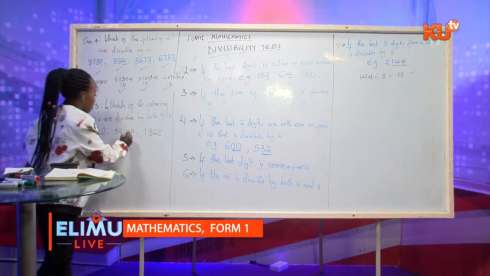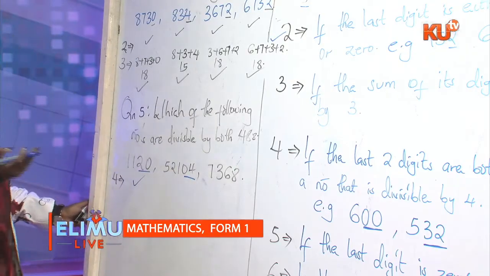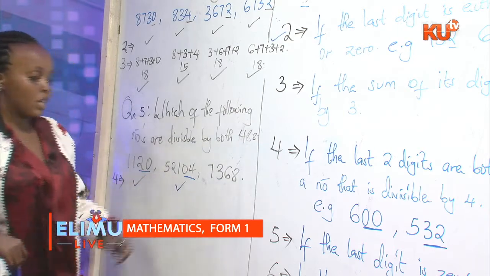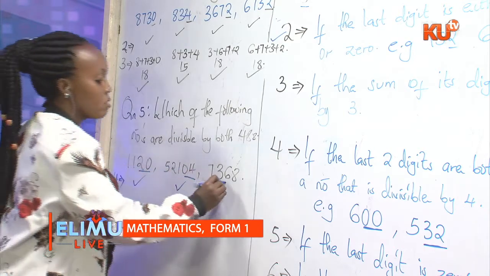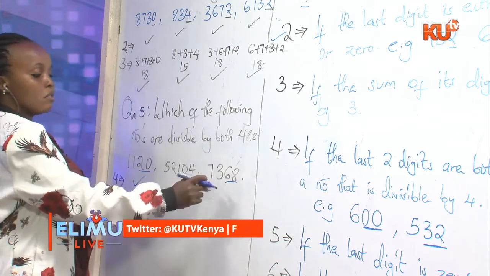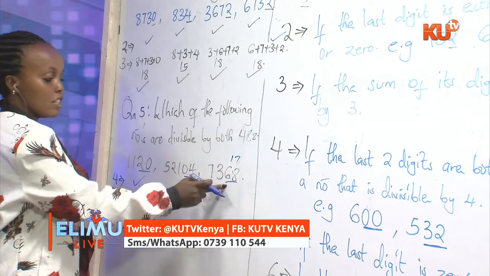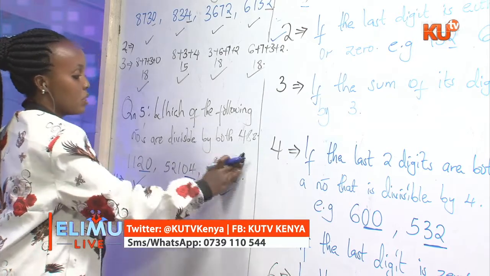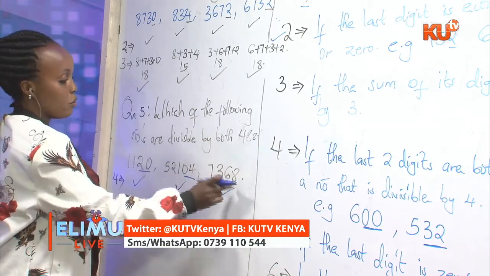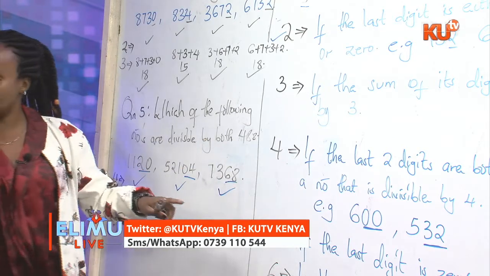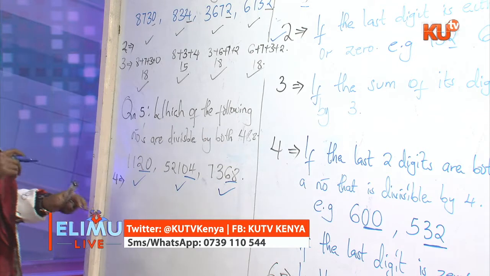Next, the last 2 digits, 04, are just the same as 4, meaning that this number is also divisible by 4. Lastly, 68. 68 divided by 4 is 17, meaning that this number is also divisible by 4. So the 3 numbers are all divisible by 4.